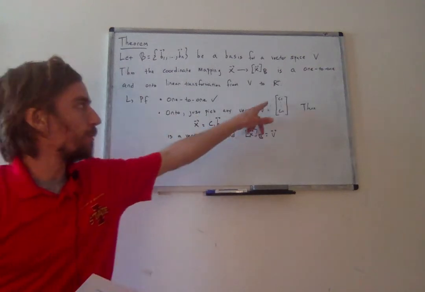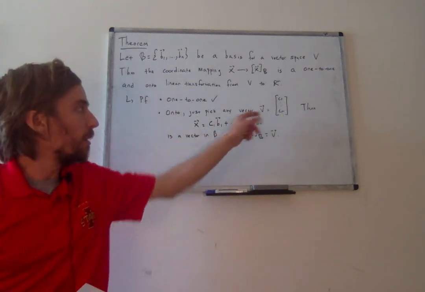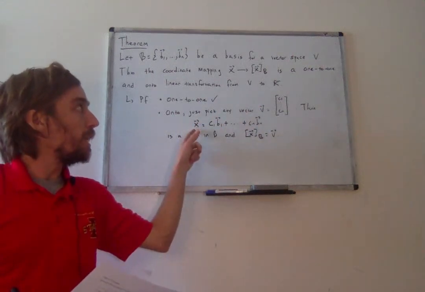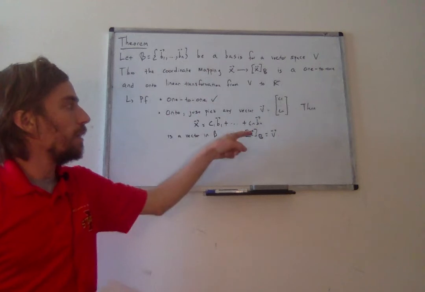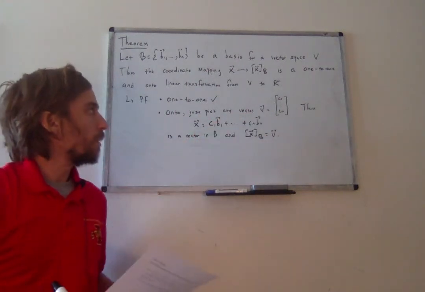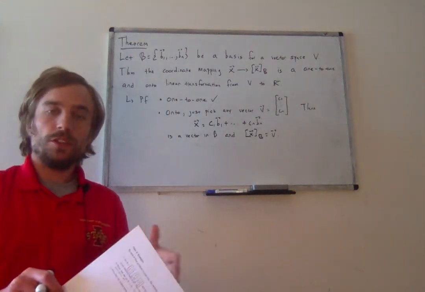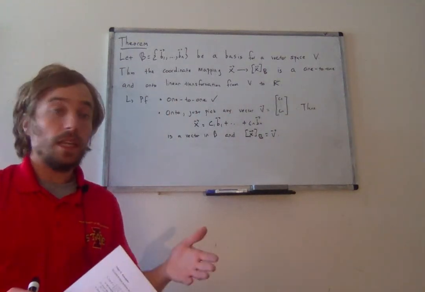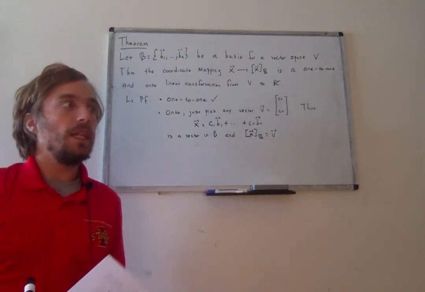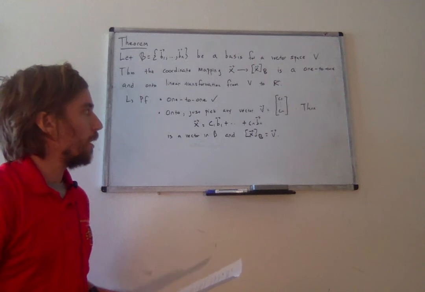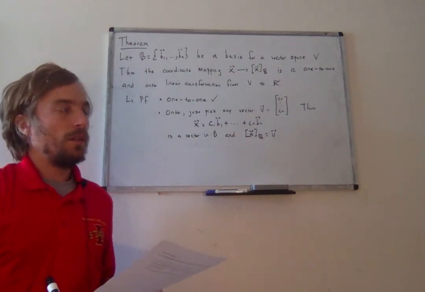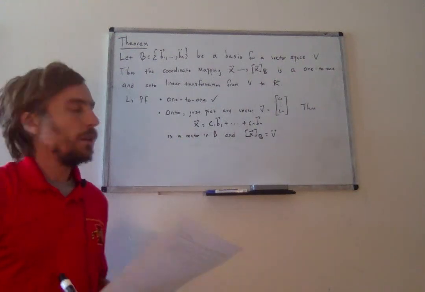And so it's onto because for any vector in Rn, if I just line those coordinates up in order, I get some unique vector in V whose B coordinate representation is my vector little v. So it's one-to-one because if two vectors have the same basis representation, then they're the same. It's onto because any set of numbers will give me a distinct vector in my space.